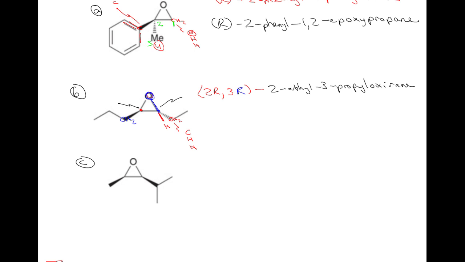All right, so if we want to name this as an epoxy compound, so I've written quite a few things here, so let me do some erasing here. If I want to name this as an epoxy compound, you can see the longest carbon chain is 1, 2, 3, 4, 5, 6, 7. So now my stereocenters are at carbons 3 and 4, so it's going to be a 3 something, 4 something, and it's going to be a 3,4 epoxy heptane.